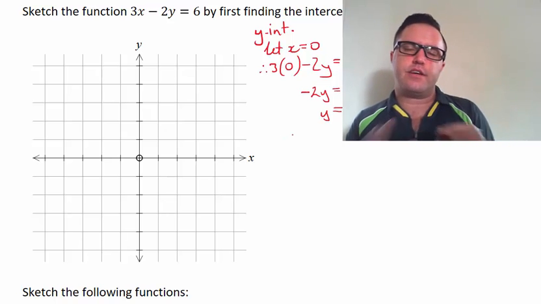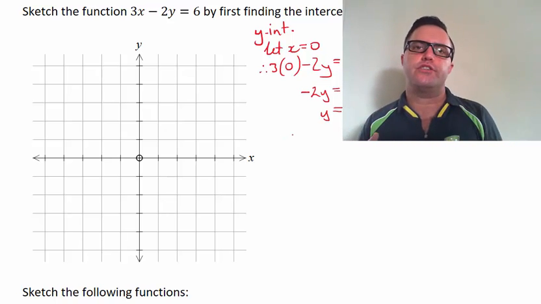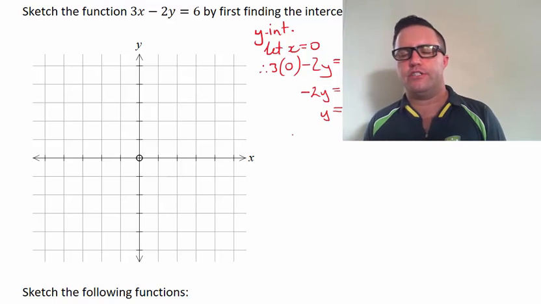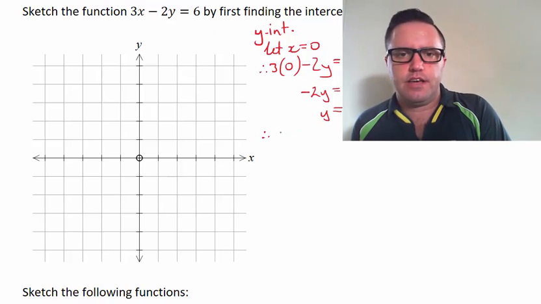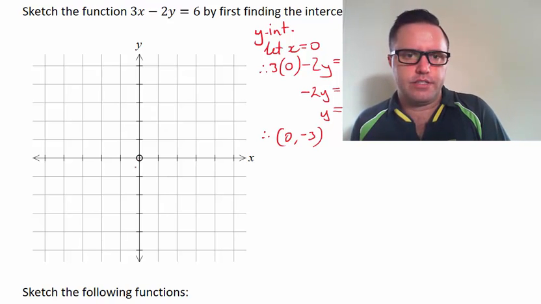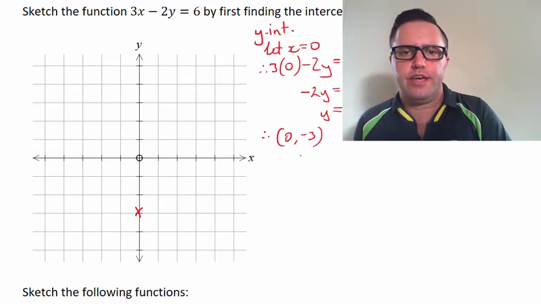I've skipped a couple of steps there, but you should be well versed in solving simple linear equations like that by now. So our y-intercept is at (0, -3). There's our first point down there.